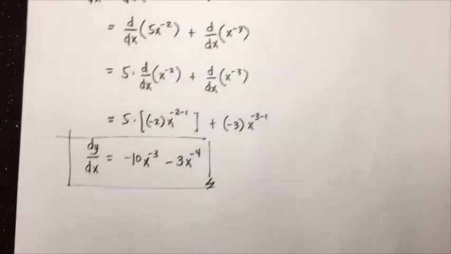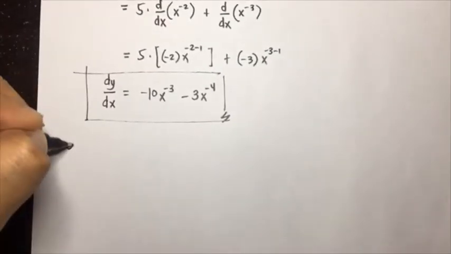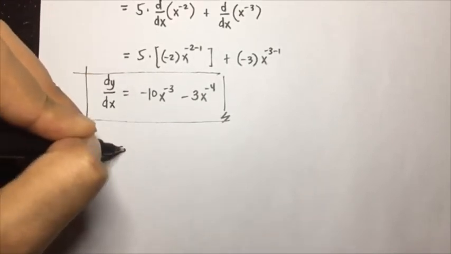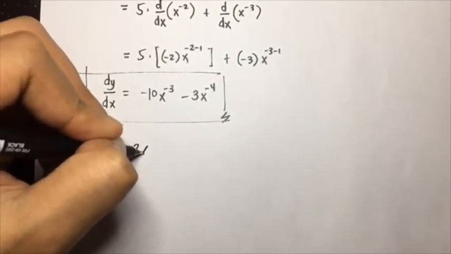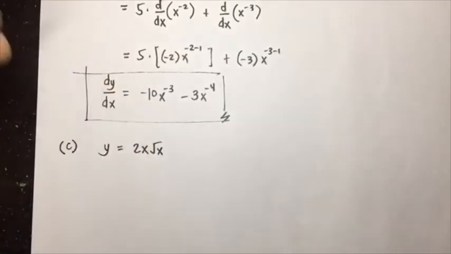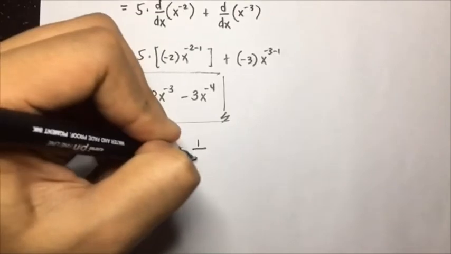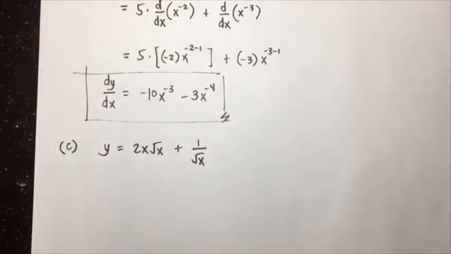Okay, so for the last problem, for letter C, we have y is equal to 2x square root of x plus 1 over square root of x.